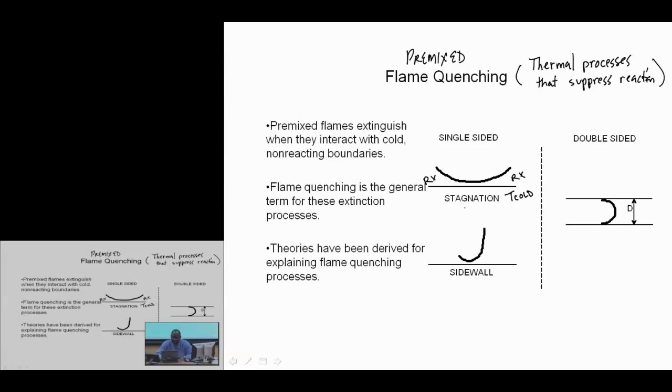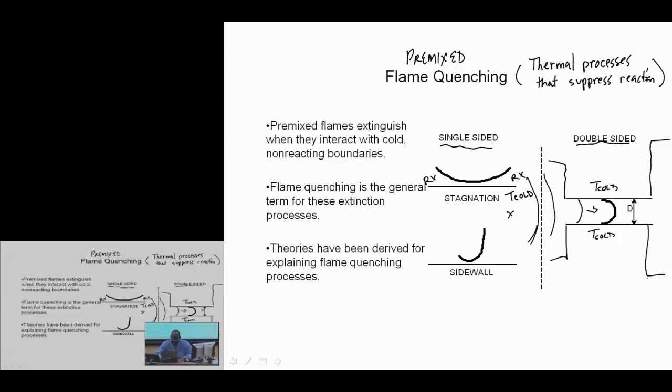And so for single-sided flame quenching, so when we have just a wall, typically people talk about stagnation and sidewall quenching. From a fire safety perspective, these are less important and relevant than what's called double-sided. So if you have a cold wall channel and you have a flame that is trying to propagate, so maybe you had a plenum up here where a flame was ignited and it propagated all the way over here, and you're asking the question, is it going to be able to continue to propagate into this channel so that maybe it propagates into another open plenum down there?